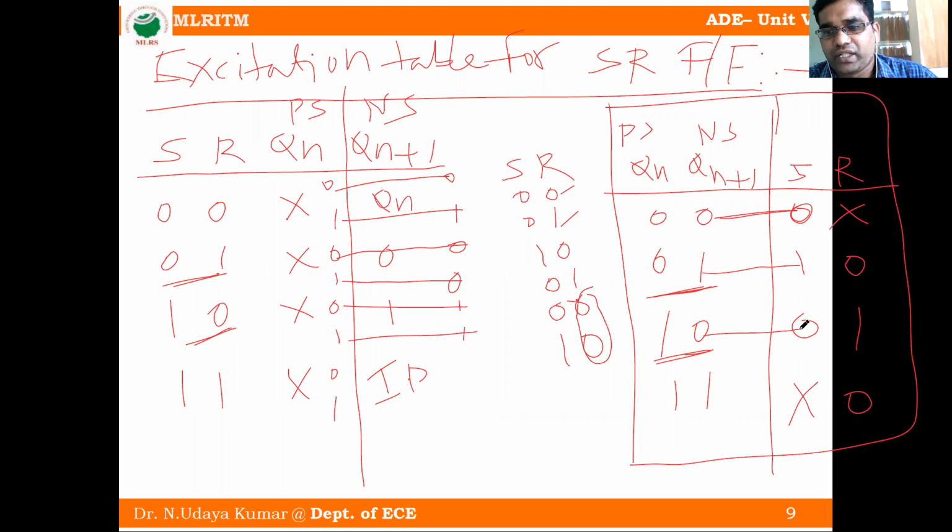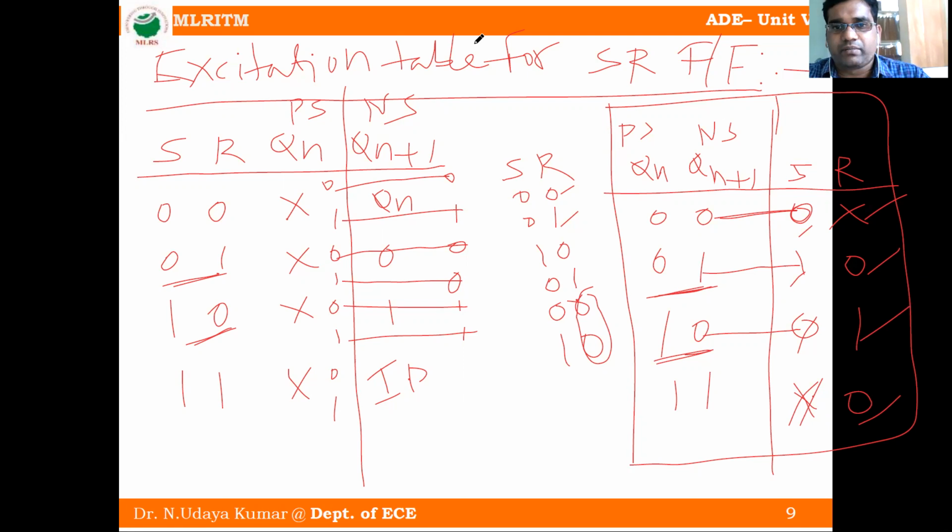Only the last one we write as don't care. Then for the inputs we get the reverse. So from here we will reverse it: cross don't care, 0, 0, 1, 1, 0, 0. So it is the trick to find the excitation table from the SR truth table. So this is called the excitation table.